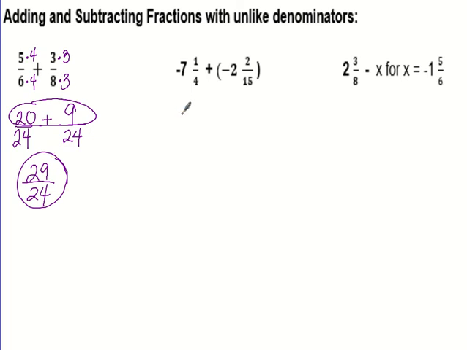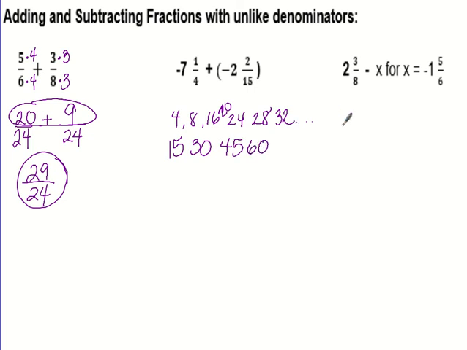So for like 4, all right, it's 4, 8, 16, 24, 28. Nope, I skipped 20, 28, sorry about that, 32, and so on. And then like 15, 30, 45, 60. So it might take a little bit to get to it, but the one that matches is going to be 60. That's just 4 times 15, unfortunately.